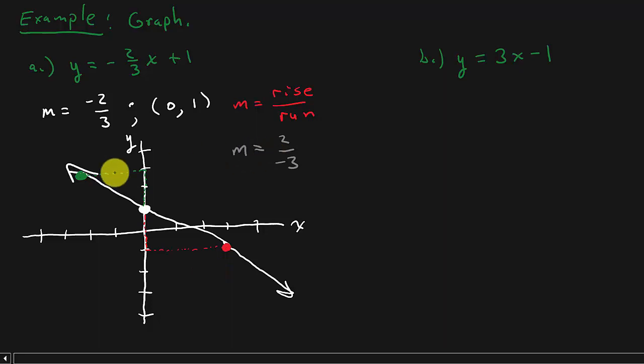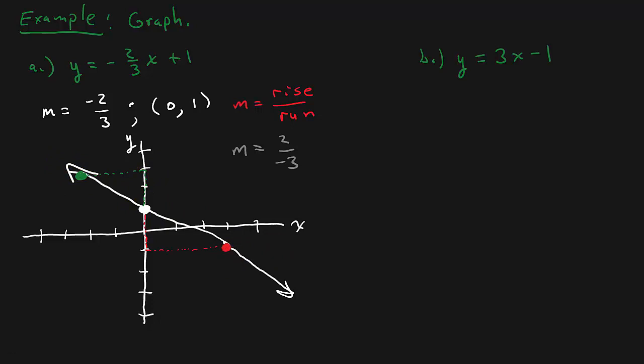Just pick one. You don't have to do both unless the directions or your teacher tells you to. Just plot that point, draw your line, you're done. Or use this one, put your point, draw your line, and you don't have to do that one.